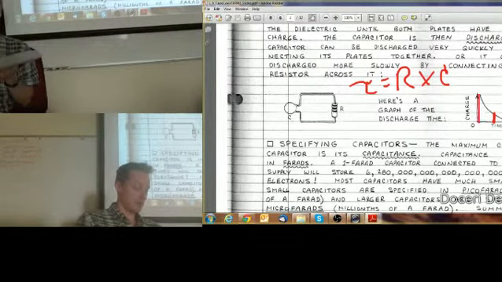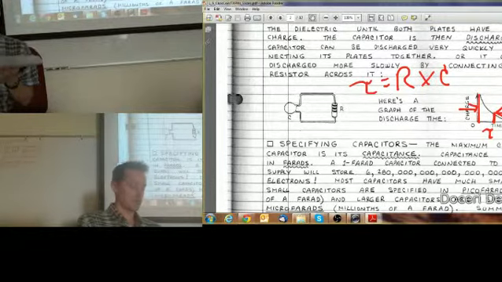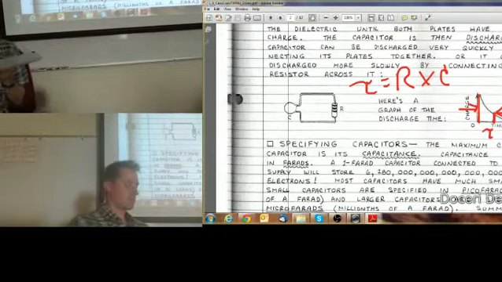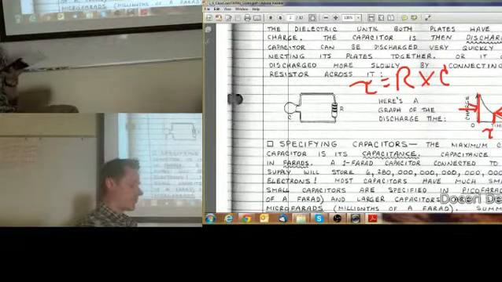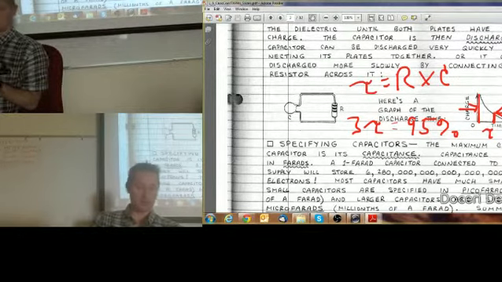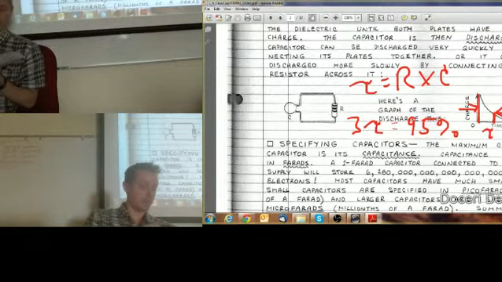Represented on this curve, this would be the time constant. We would say within 3 time constants, it's down to 95%. So 3 tau, it's down to 95%. And actually in 5 time constants, it's going to be down to, I believe it's 98%.